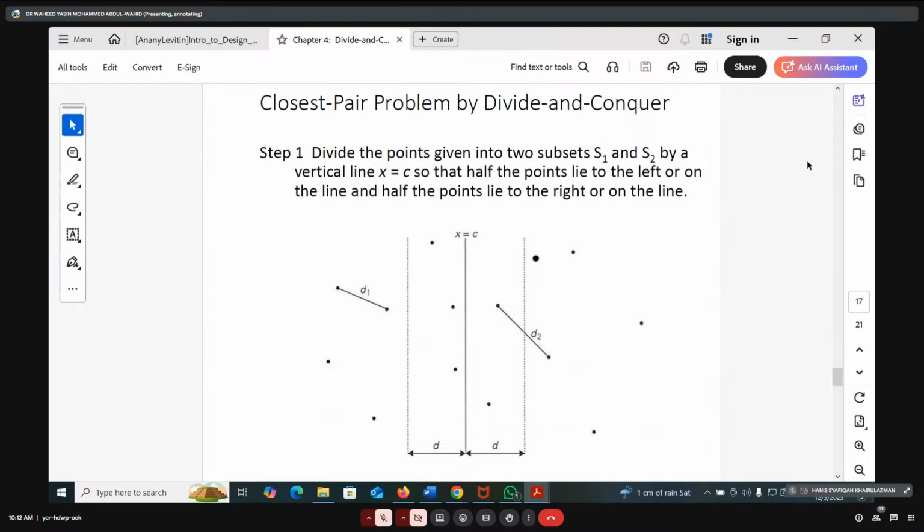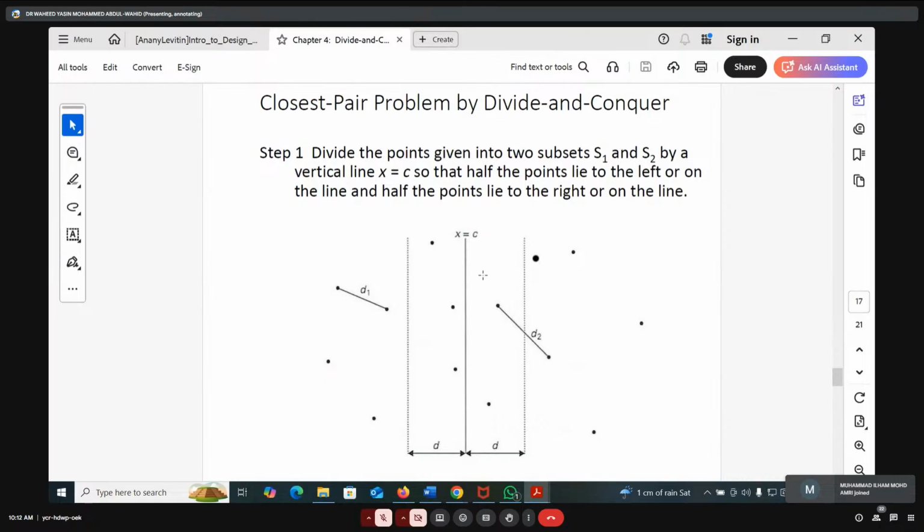So half of the points lie on the left or on the line, and half of the points lie on the right of the line.